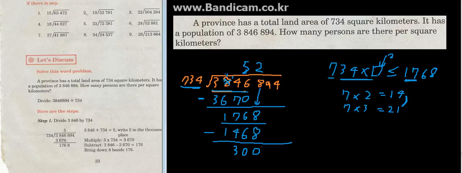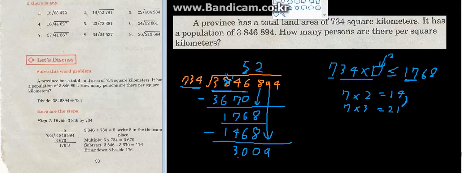Is 300 bigger or smaller than 734? 300 is smaller than 734, which means we have placed 2 in the correct way. Now let's put down this 9, and it becomes 3009.